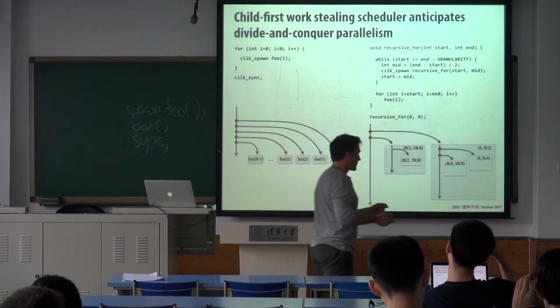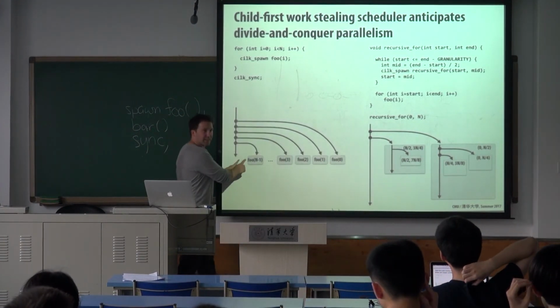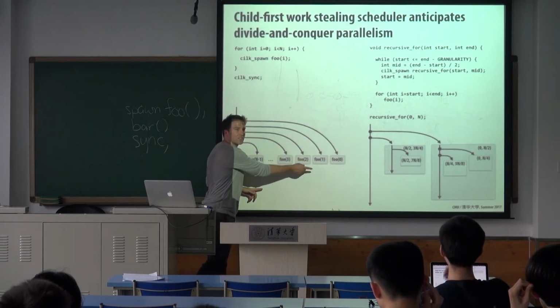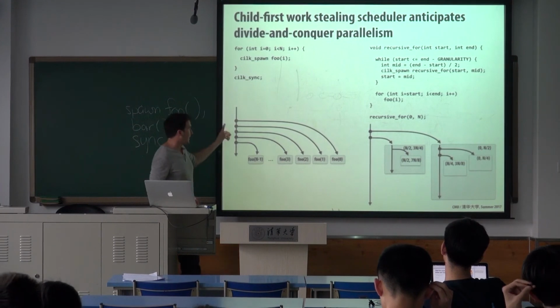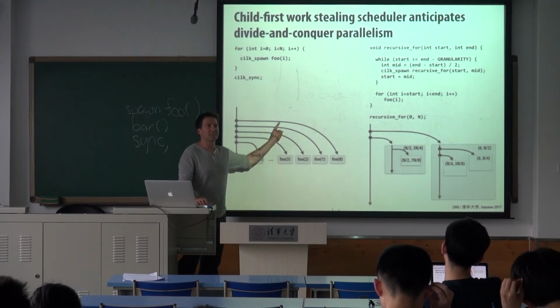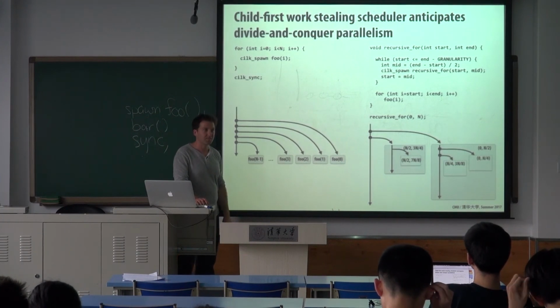If we run the continuation first, there's one thread generating the parallel work. So if this is a system with like 100 processors, it might take a while for that one thread to create all the work for other processors to start working on.